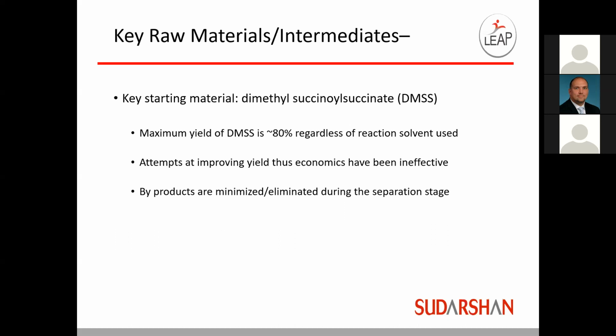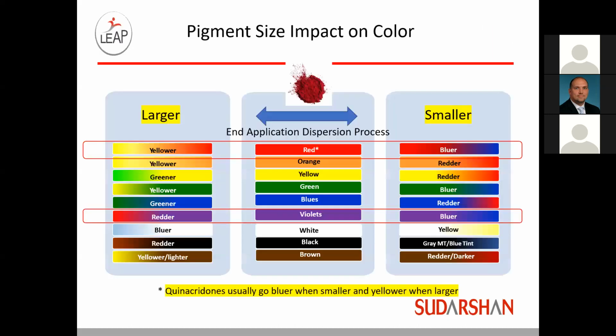So this is done during that separation stage of the first synthesis part, so that going into that second stage of synthesis is a very clean and pure DMSS to be able to create this starting process for the quinacridone manufacture.